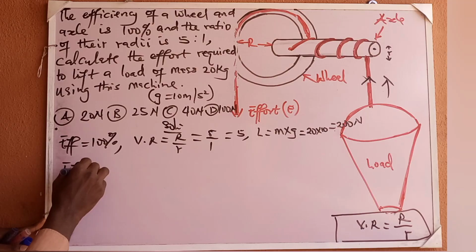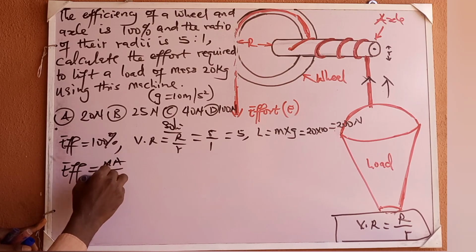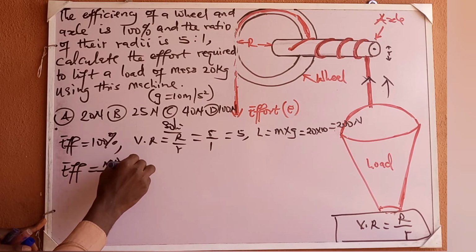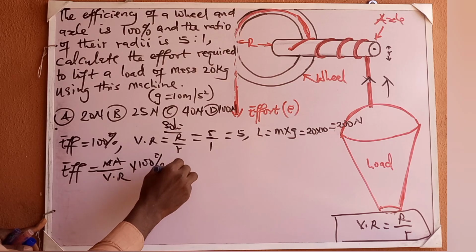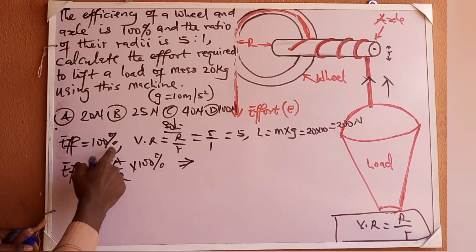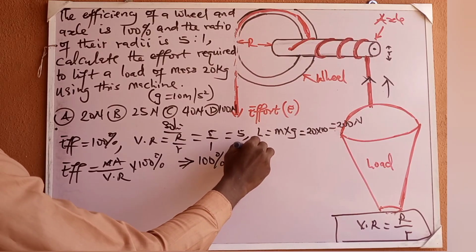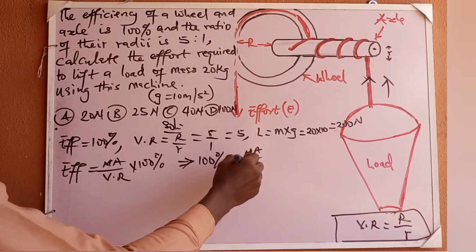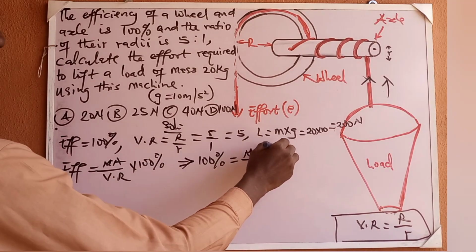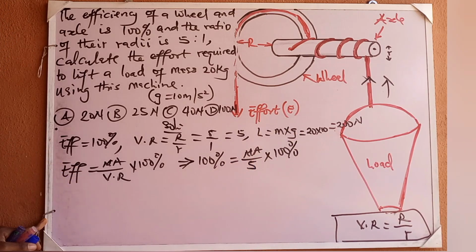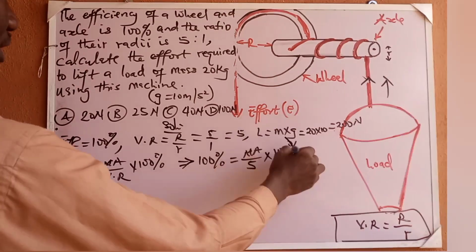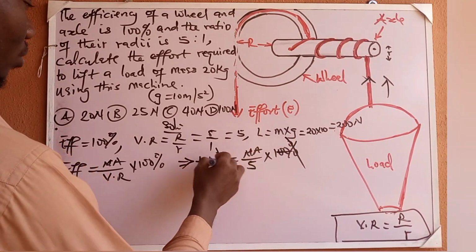Now, recall that efficiency is mechanical advantage over velocity ratio multiplied by 100%. On substitution, efficiency is given to us as 100%, which equals MA over velocity ratio, here 5, then multiplied by 100%. Now, this percentage can go with this, 100 goes with this.